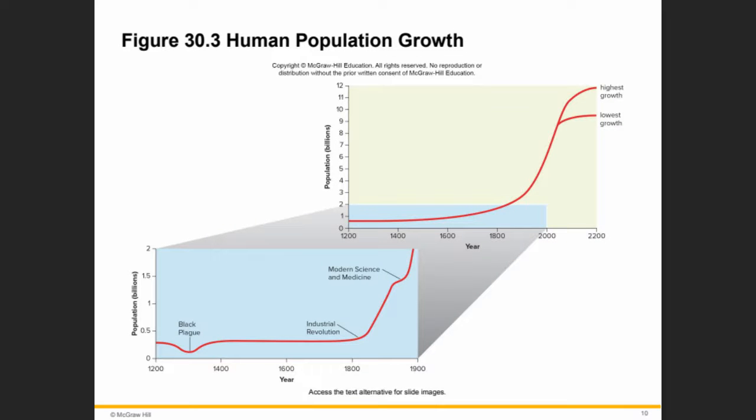The industrial revolution is identified at about 0.4 billion at approximately year 1820, and modern science at 1880.